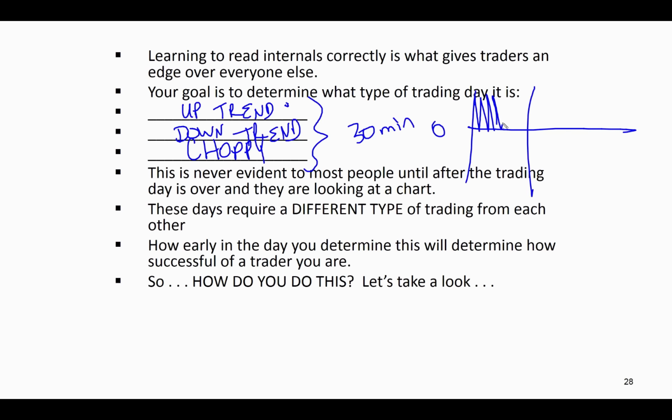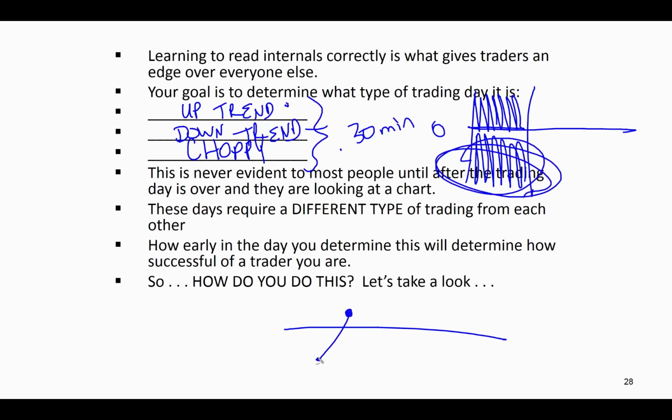If, on the other hand, 90% of the first 30 minutes is below 0, the odds are very strong that you're going to have a downtrend day, unless the put-call ratio pops up over 1. When you get a big gap down open and the put-call ratio goes over 1, that's a reversal potential day.